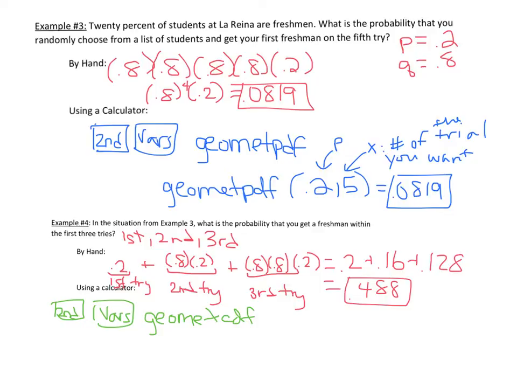For example, in number 3, we wanted to get a freshman on exactly the 5th try. In number 4, we want to get a freshman within the first few tries. So in this case, you're going to use CDF. When you put it in with the CDF, you're going to start with the 0.2, then you're going to put in the 3. When you do this, you should get the exact same answer of 0.488.